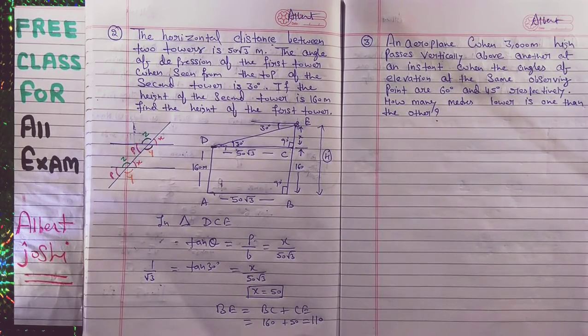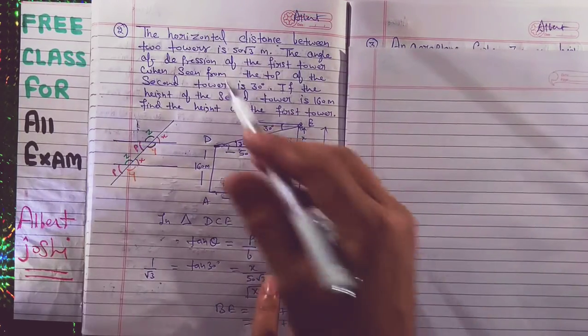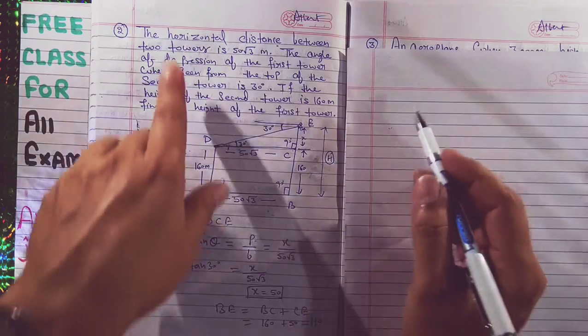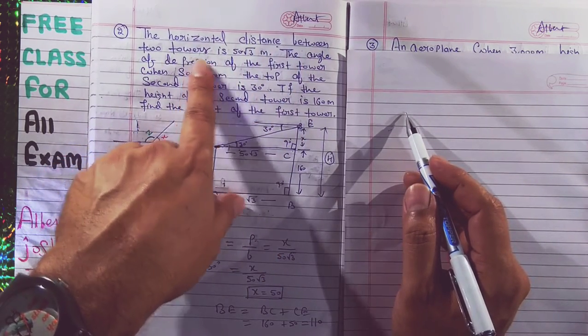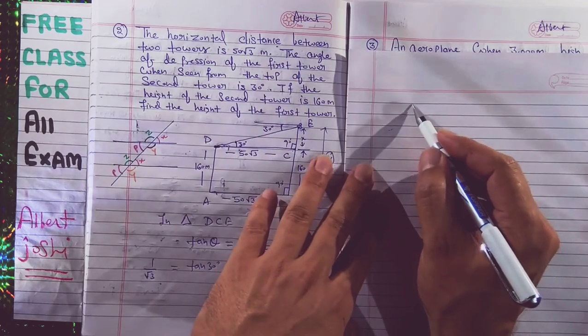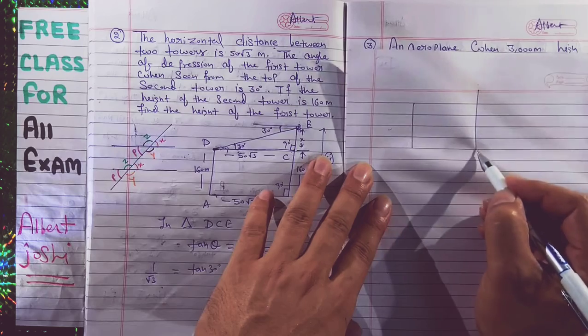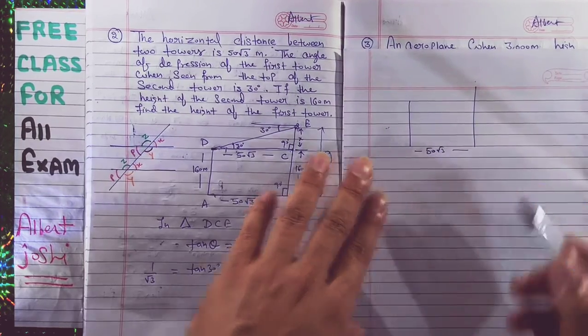In this question, what they have asked, actually he has not mentioned the graph, so we have done this. So what they have asked, the horizontal distance, this is also a good question, no problem. The horizontal distance between two towers is this. You have two towers, one is this tower and second is this tower. The horizontal distance is 50√3.